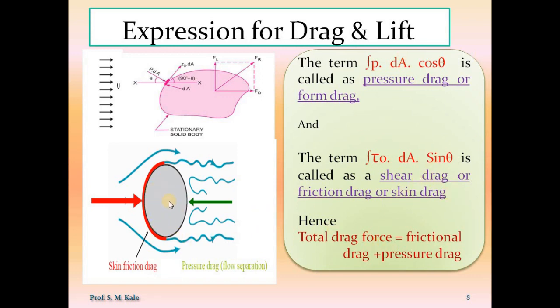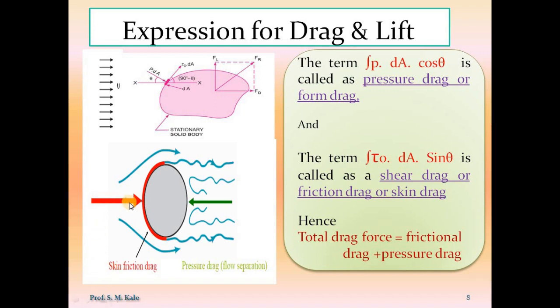So here this is a stationary object, and surrounding this stationary object there is a flowing fluid. Whenever that flowing fluid flows around that stationary body, it exerts forces. The force component along the direction of motion of that fluid is called the drag force.